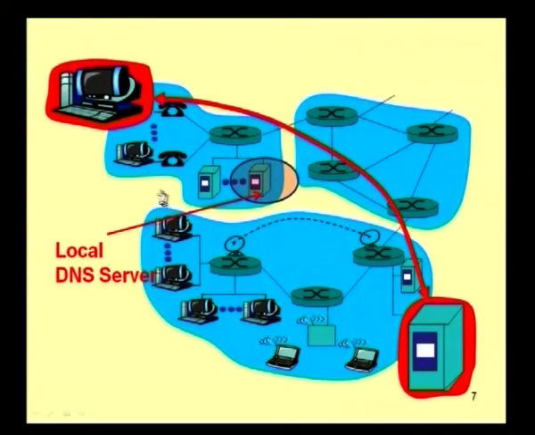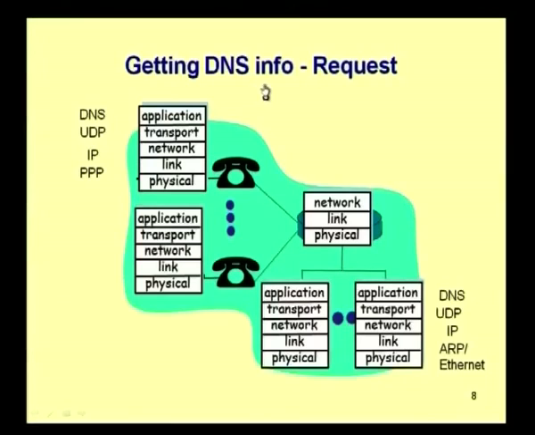So that is the first step that is going to happen in our series of activities for this particular request. So we will take a look at how that happens first. Okay. So the first thing that is going to happen is we need to get the DNS information. So a request has to be sent from this application to the local DNS server. So now let me assume that this is our local DNS server. This is the actual client which is making the request.